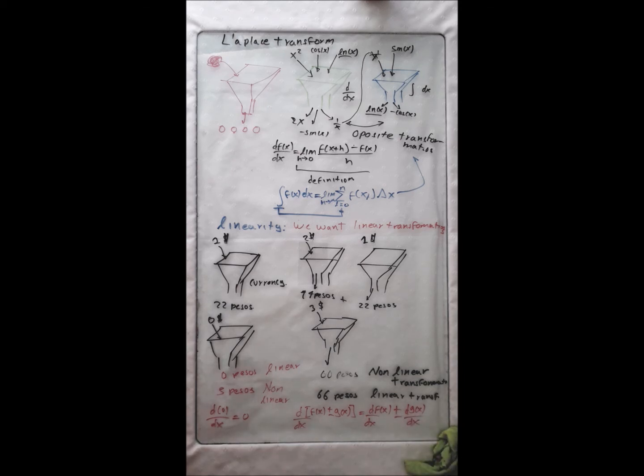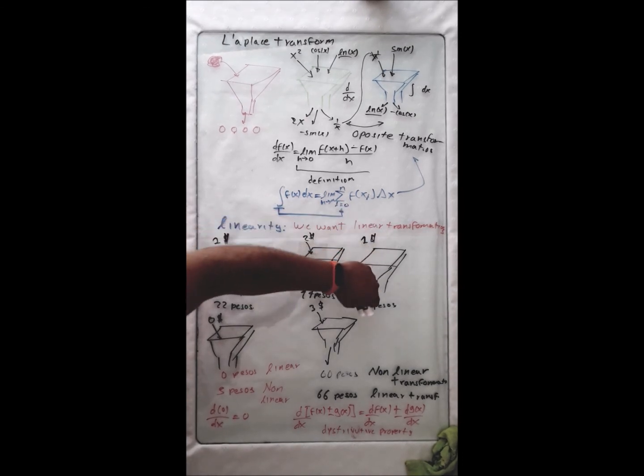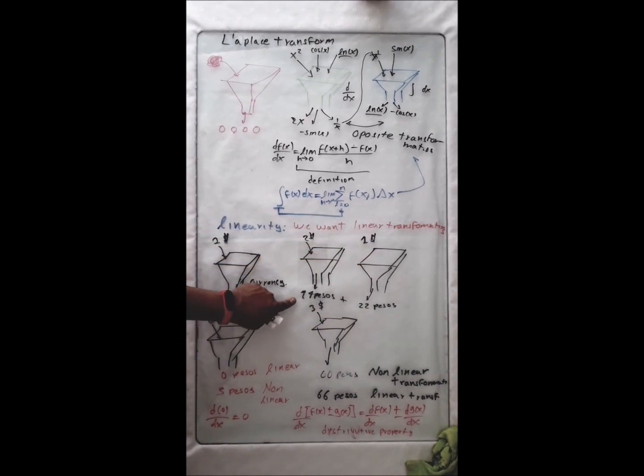So here is the distributive property. No matter if you make the transformation together or separately, just like with the currencies. No matter if you do the $2 transformation and then the $1 transformation and then add, or you do the addition before and then get the transformation, you should get the same result.